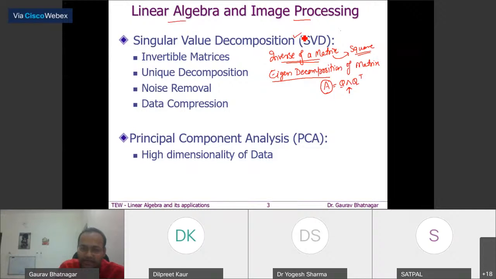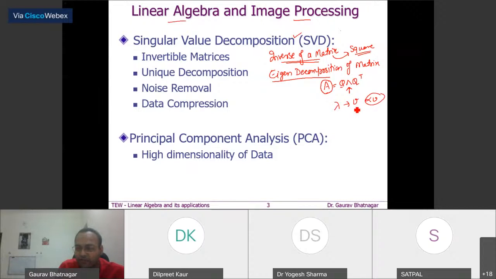The other thing is eigen decomposition is not unique. Everyone knows that this eigen decomposition is not unique in the sense that, given a particular eigenvalue lambda, you are going to have multiple eigenvectors. If V is the eigenvector, then any multiple of V is also going to be an eigenvector of matrix A with respect to the eigenvalue lambda.